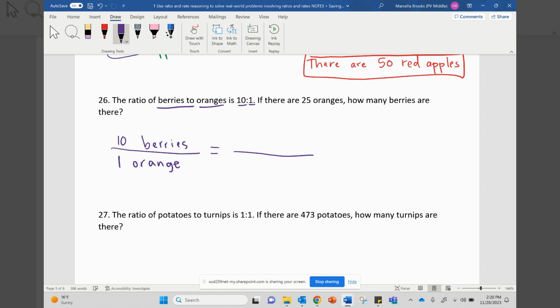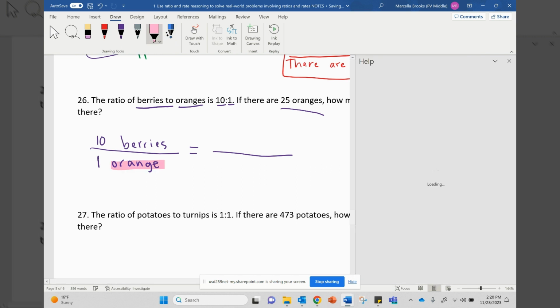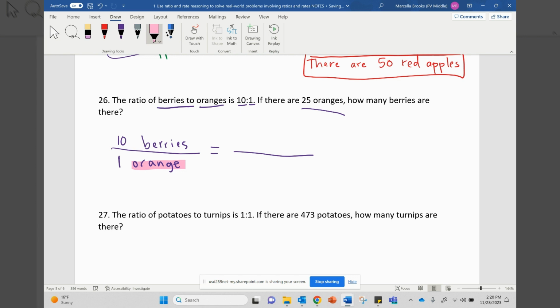If there are 25 oranges, how many berries are there? So we got 25 oranges. Do I put it on top or on bottom? I put it on bottom because look, I already have oranges on bottom right here. So oranges are going to stay on bottom. So we're going to put our 25 oranges right here.